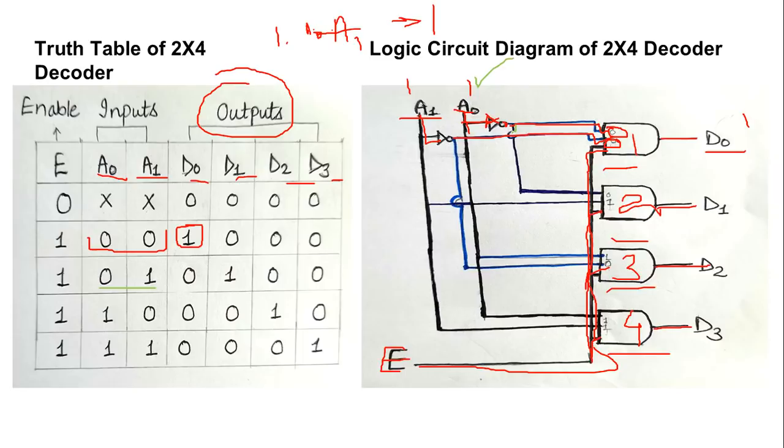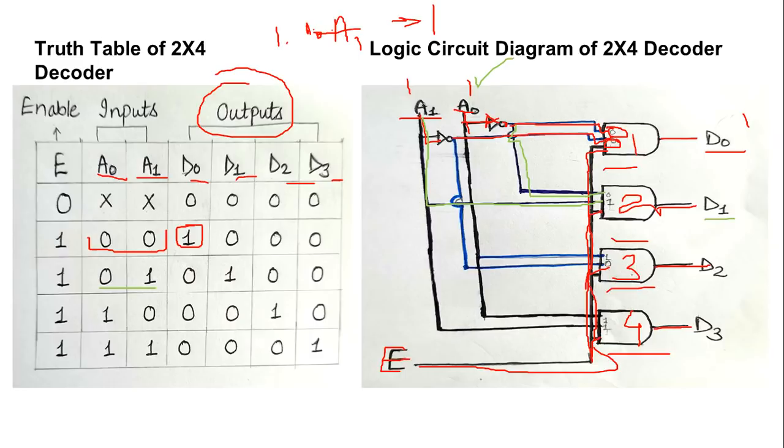This 0 was provided here after the NOT gate. So let's join that to this second d1 output, right? Similarly, for the second a1 value to be equal to 1, I need not make any changes. I can directly take this a1's output and give it to this particular logic gate.